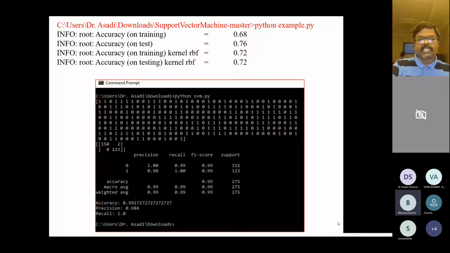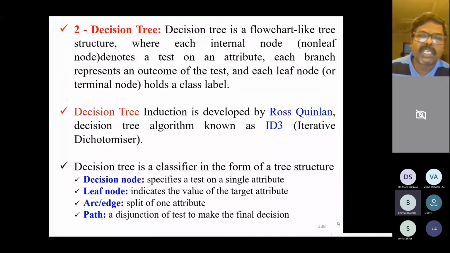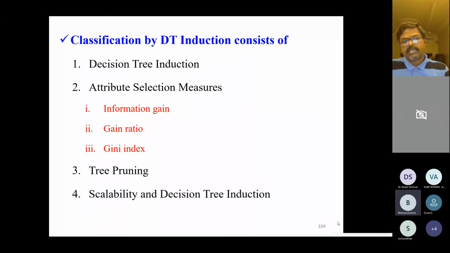And decision tree. Decision tree is one of the classification techniques. It uses decision node, leaf node, arc and path, and these are the rules it uses in classification. Based on the attribute selection measures: information gain, gain ratio, Gini index, tree pruning, scalability and decision tree induction.